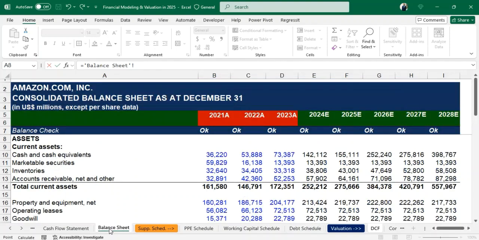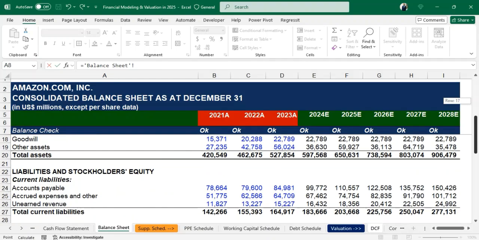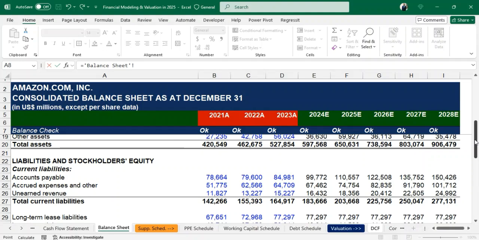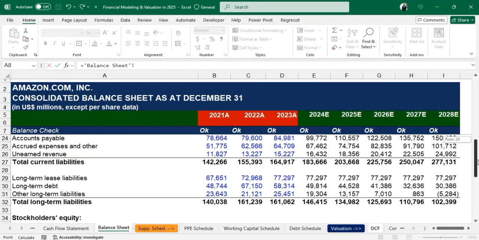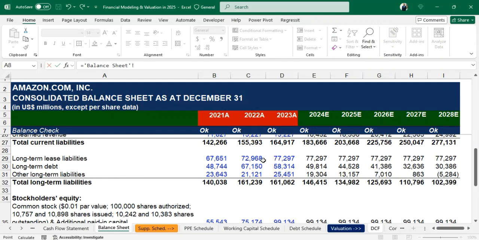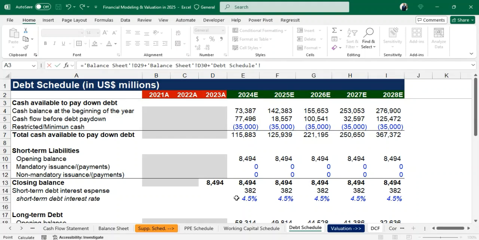All right. So this is going to be our total debt for 2023, which is the last year. Remember the values. Okay, so this is going to include our long-term lease liabilities plus our long-term debt from here, and we are going to add our short-term debt, and that can be found from the debt liabilities here.